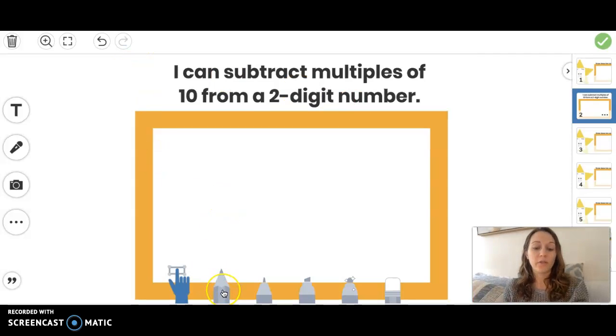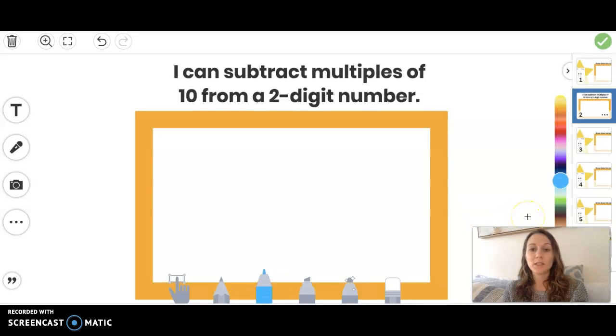All right, before we start doing it, I want to go over how to draw base 10 symbols, because we are going to be using base 10 symbols to help us subtract instead of using base 10 blocks. So you're going to have to remember how you draw a base 10 symbol. Now, if we're subtracting multiples of 10, are we going to need any ones today? We will not because we're only using tens.